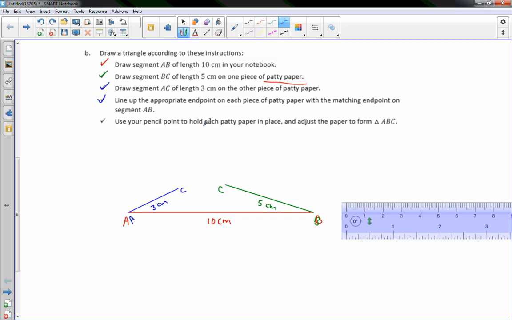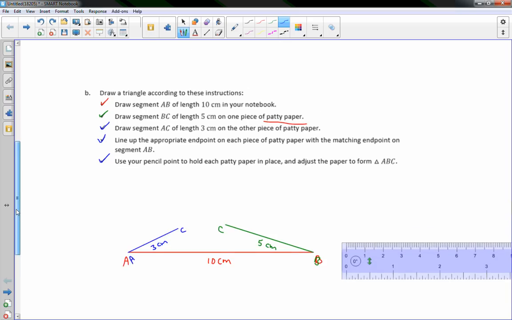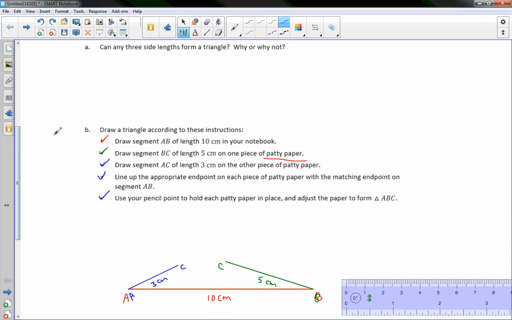Use your pencil point to hold each patty paper in place and adjust the paper to form triangle ABC. I just did that basically, and there is our result. So now go back up to A, and the answer should be no. Why?